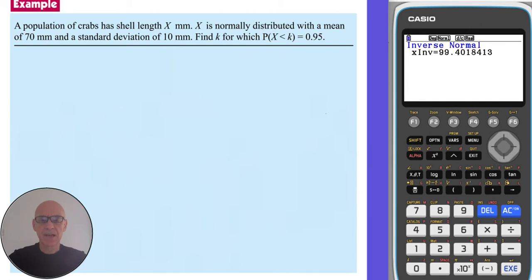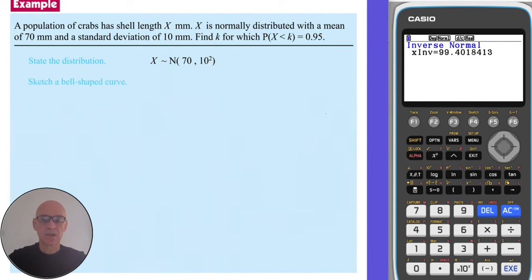To find k in this question, we can start by stating the distribution. We're told the shell lengths are normally distributed with a mean of 70, so we put 70 first, and a standard deviation of 10, so we put the variance 10 squared second.